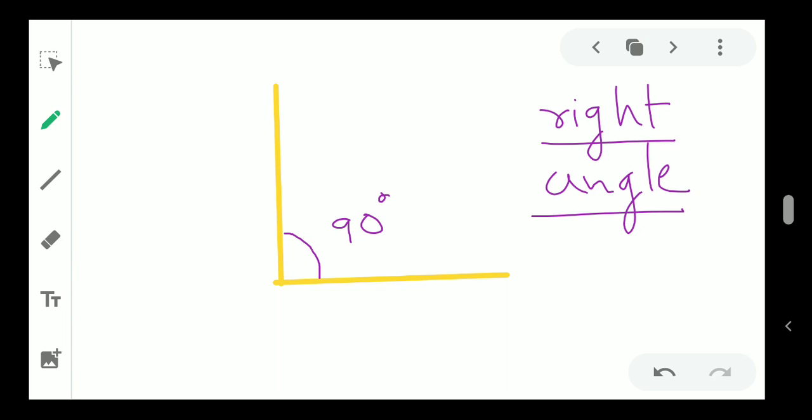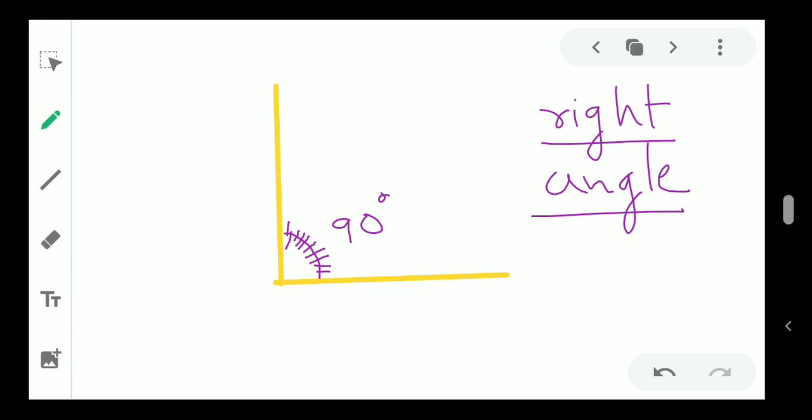Here there are 90 divisions, 1 2 3 4 5 6, like that. I cannot draw it here, but there are a total of 90 divisions. Like in a clock you have seen there are 60 divisions. So 1 hour means 60 minutes. Here in a right angle there are 90 divisions.